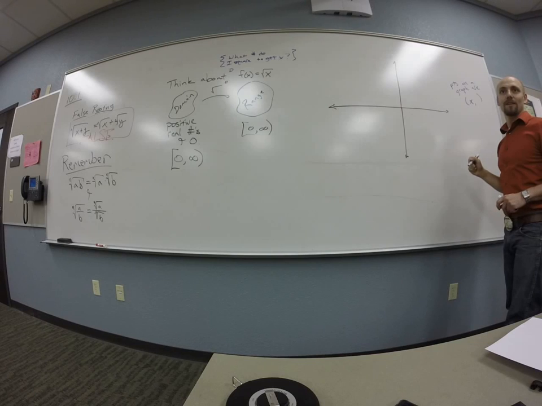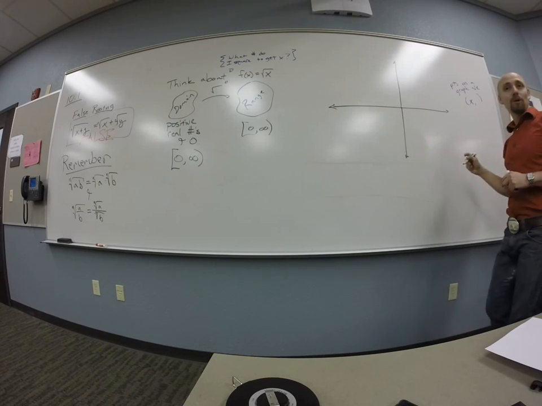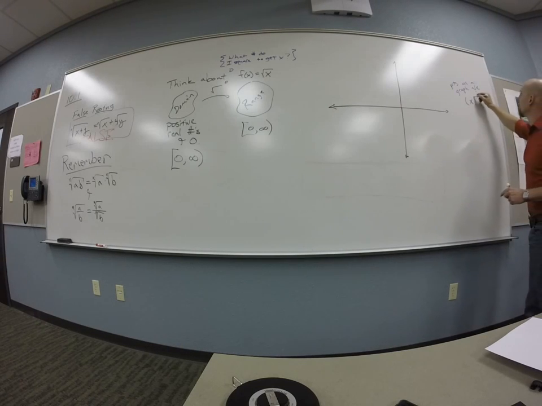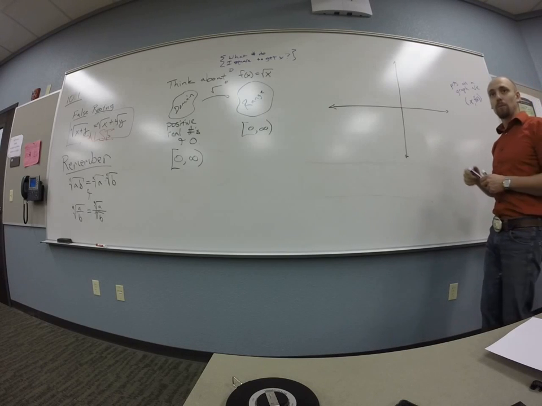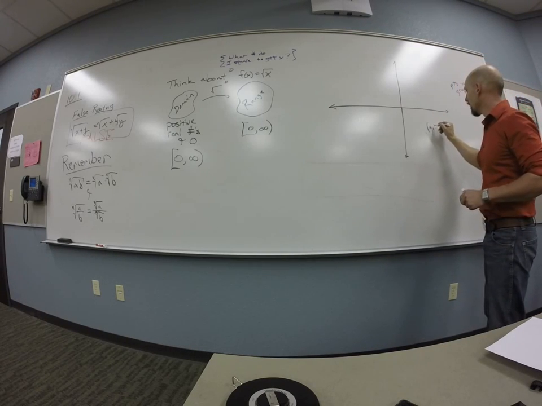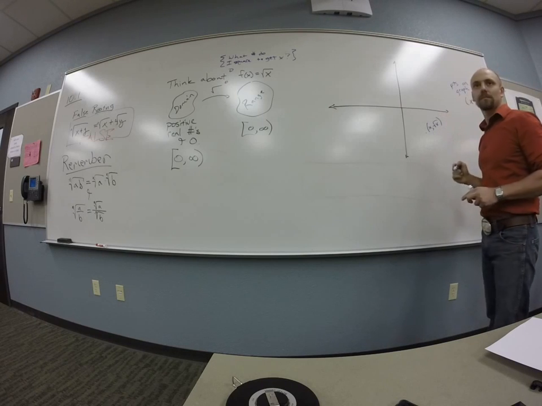Points on a graph are an x comma function of x pair, right? So my points are going to look like x, root x, right?